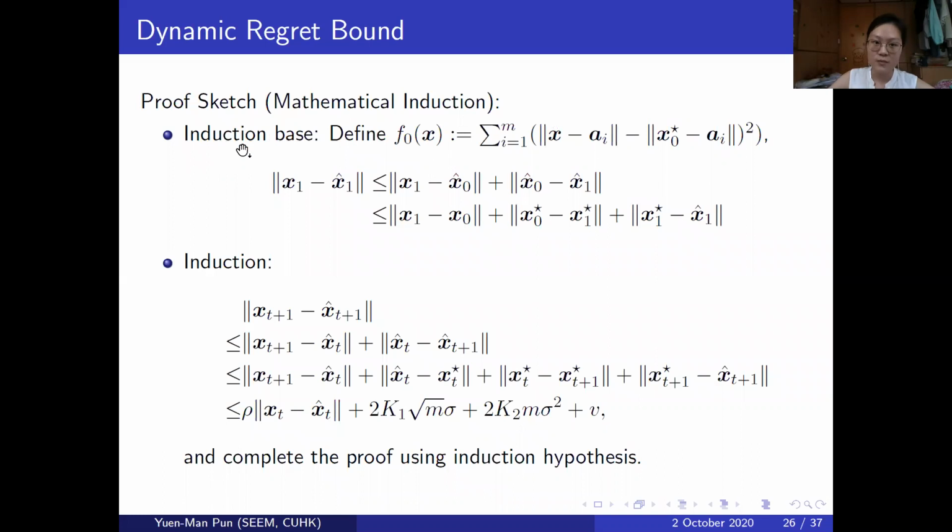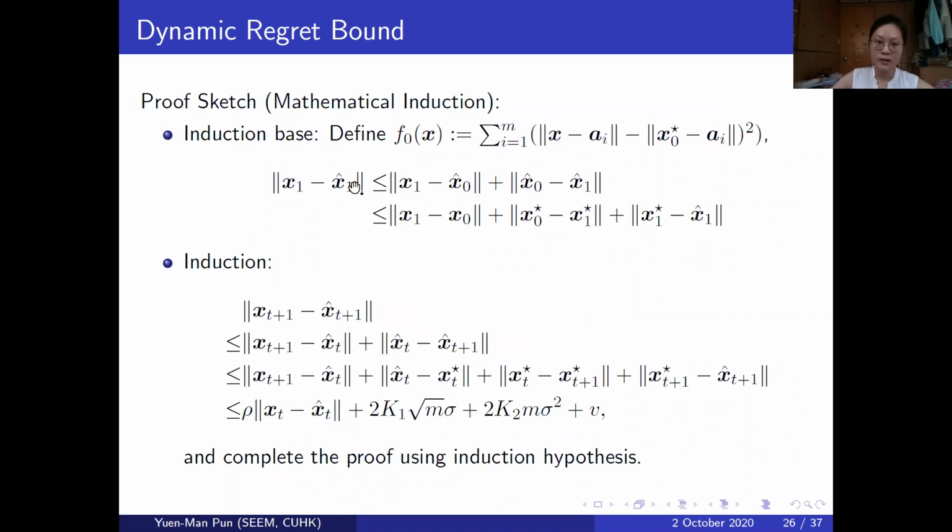So for the induction base, we define f0, because at time 0 we actually don't have any loss function, as the summation of the distance between x and the ith anchor, minus the true distance between the initial location and the anchors, and we have a square here.